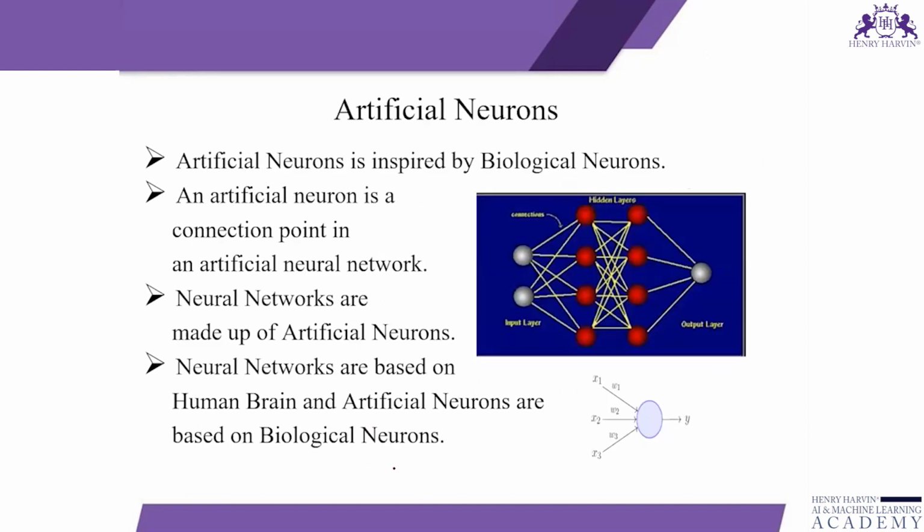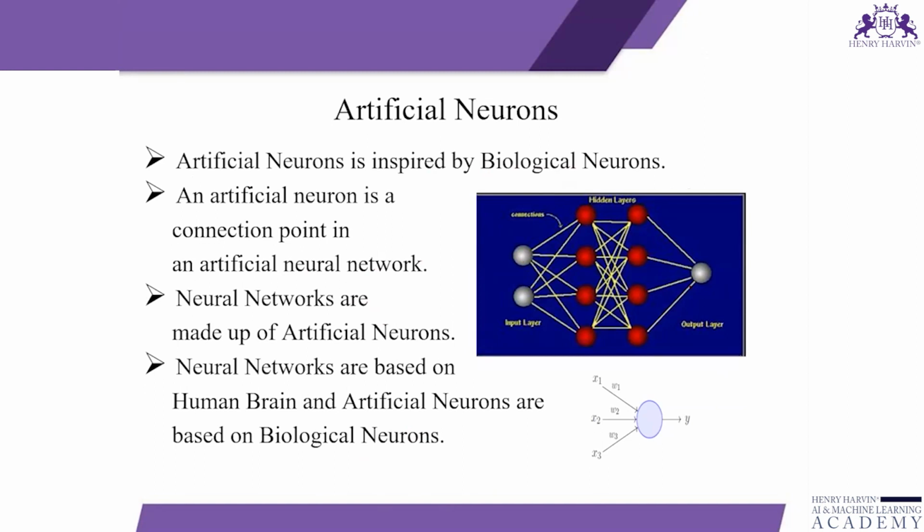Now let us try to understand artificial neurons, because we are going to study artificial neural networks. So we should understand artificial neurons first. Artificial neurons are inspired by biological neurons. An artificial neuron is a connection point in an artificial neural network.